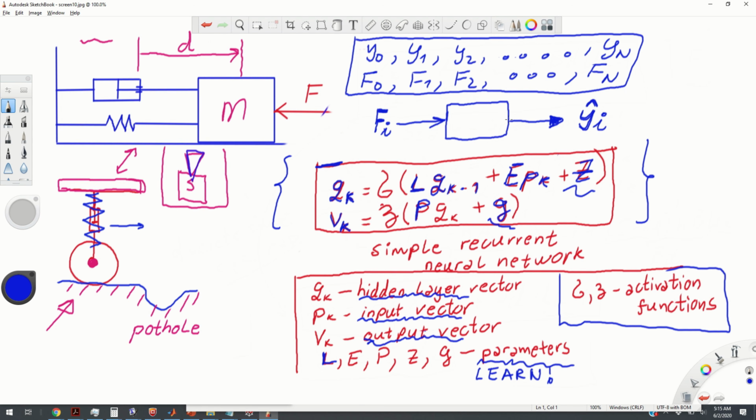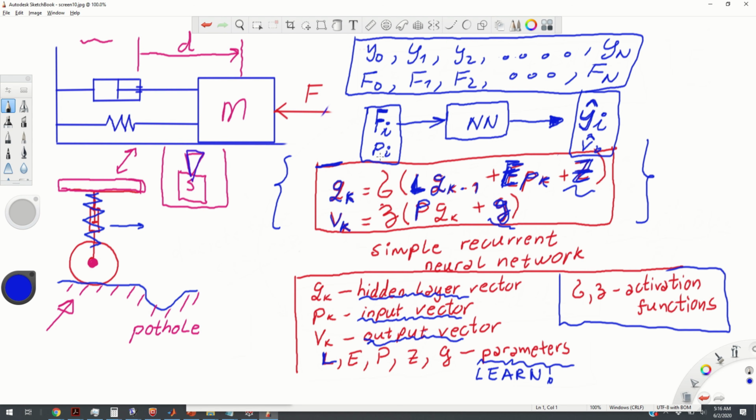Okay, so this is our goal. Our goal is to train the parameters, to find these matrices, such that when we present to such a network this input, which will be pi, our network should produce vi, the output.